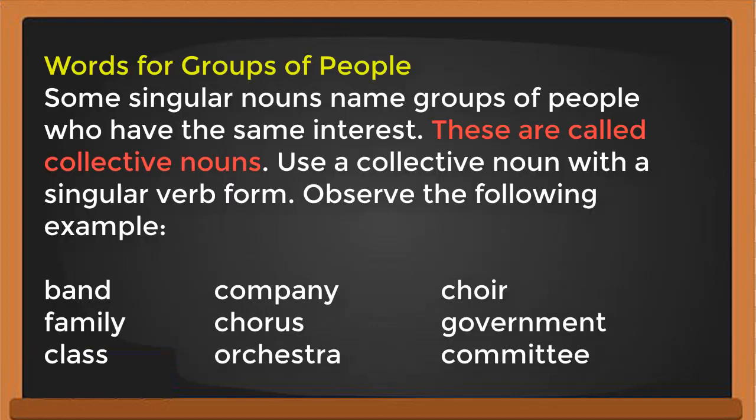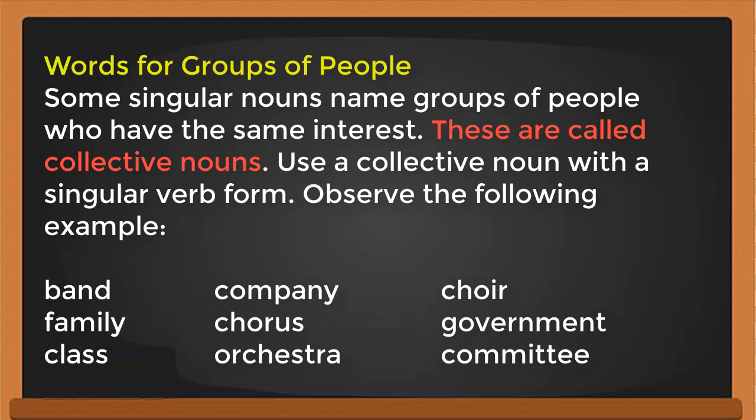Okay. Next, we're going to learn about words for groups of people. Now, some singular nouns name groups of people who have the same interests. So, people who have the same interests, we combine them into one group. And that group becomes a singular noun.